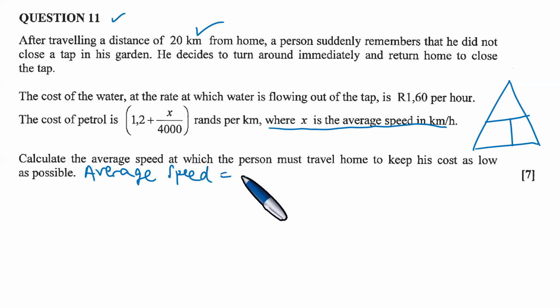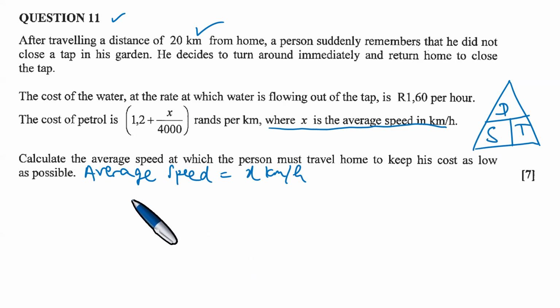The average speed is x kilometers per hour. We know that speed equals distance over time. And the cost of petrol is that one, and the rate at which the water flows out is 1 rand per hour.